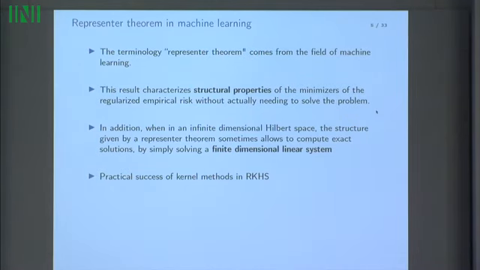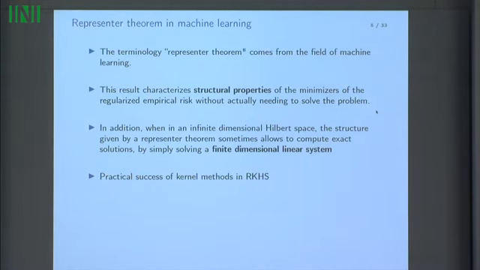This is a nice result because if you want to work in an infinite dimensional Hilbert space, the structure given by the representer theorem will help you recast the problem as a finite dimensional problem, and then you can actually solve it on a computer. You will see what I'm talking about right after. And so it explains the practical success of kernel methods in reproducing kernel Hilbert spaces.